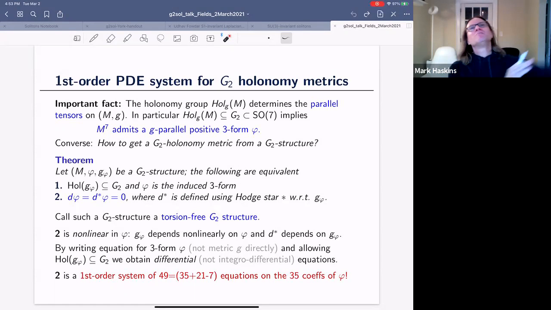But there's a lot of potential for extending that construction. So that's more or less all known constructions of compact G2 holonomy manifolds, via that perturbation theory.